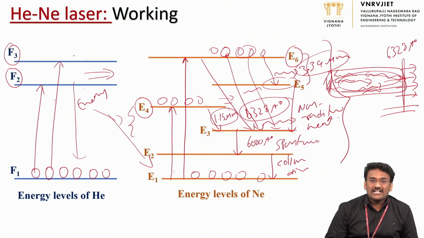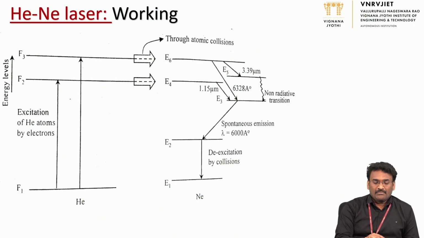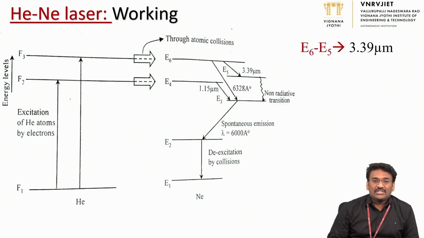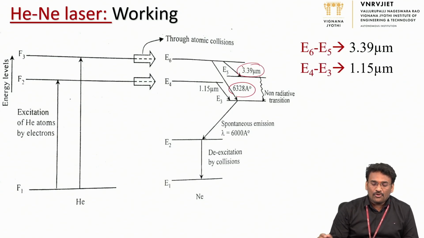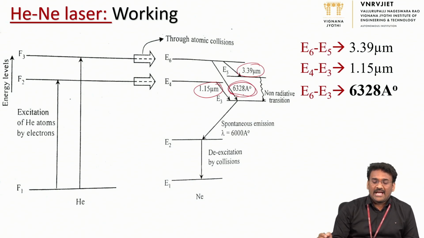Now we will see the image clearly. This is a clear energy level diagram for the helium neon laser. The main transitions here are E6 to E5, that is 3.39 micrometer, E4 to E3, that is 1.15 micrometer, and E6 to E3, that is 6328 angstroms.